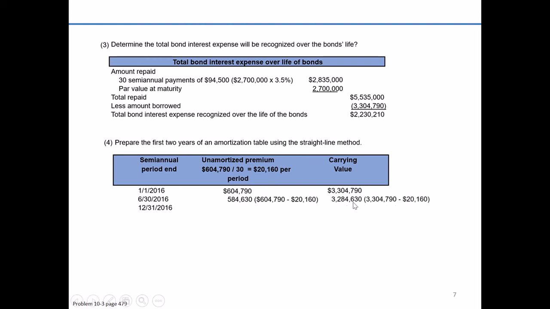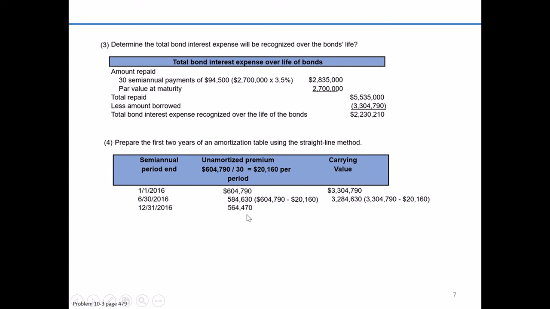We bring down our carrying value to $3,284,630. Again, this might seem counterintuitive because it seems kind of tricky compared to what you did with the discount. But keep in mind, our premium adds to carrying value. So if we have a lesser amount of premium, our carrying value is actually going to decline.